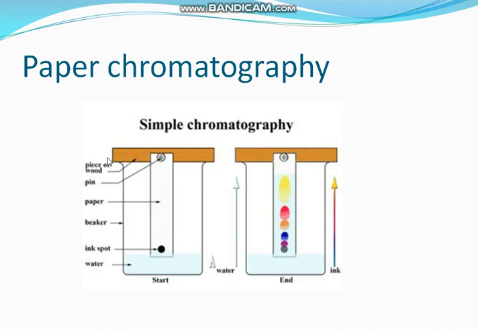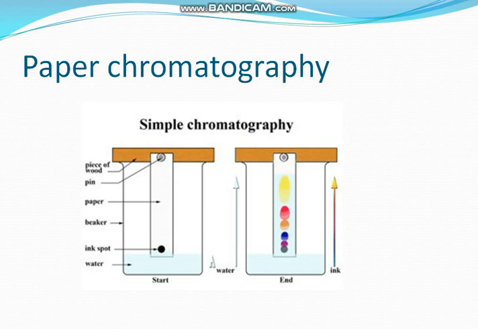In paper chromatography we use filter paper. The paper name is Whatman number 1 paper. Whatman number 1 paper is used for paper chromatography. One question: name of the paper we use in paper chromatography, that is Whatman number 1.